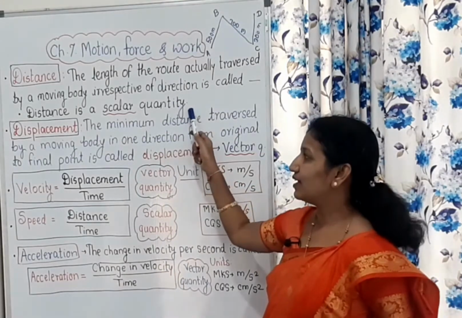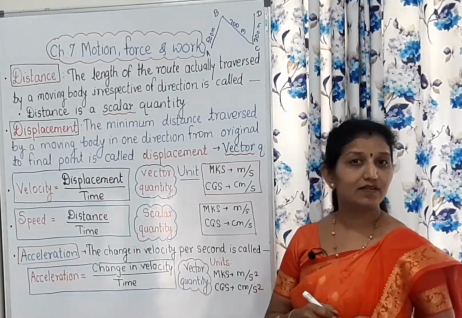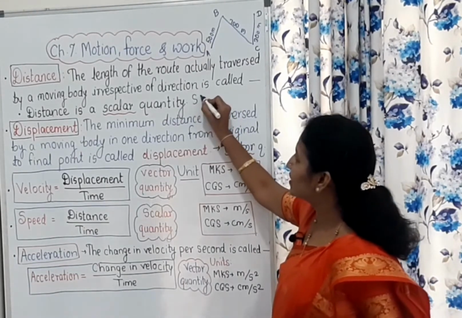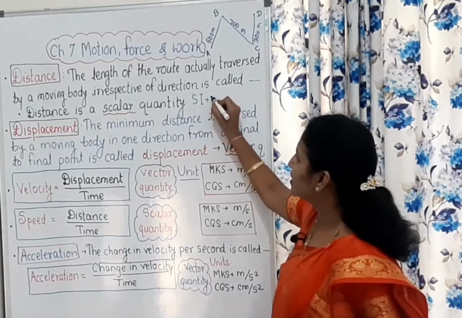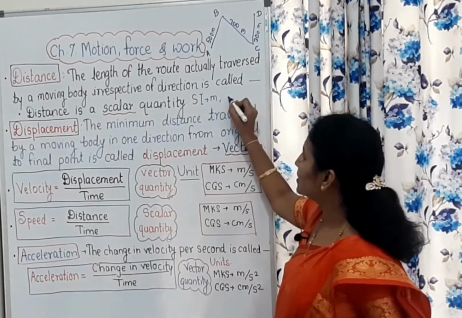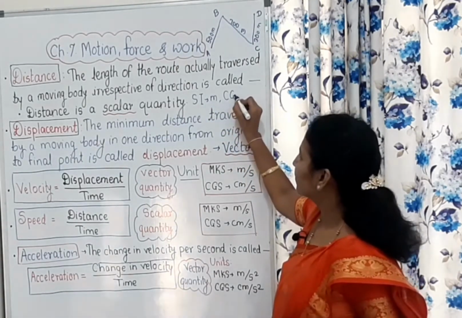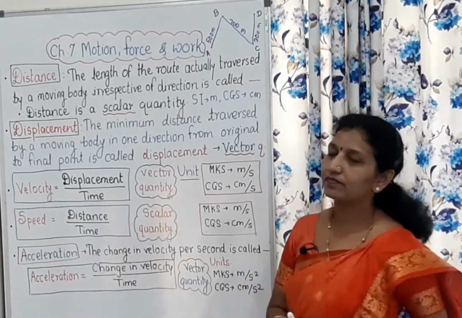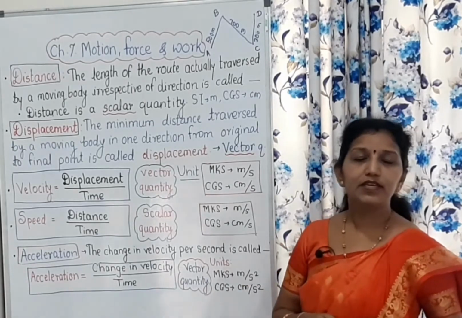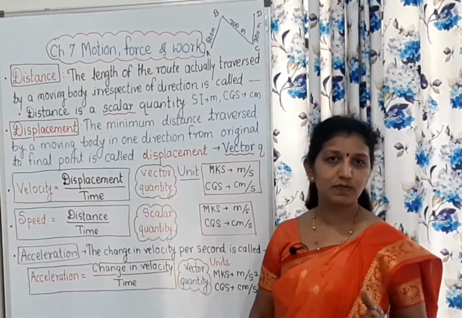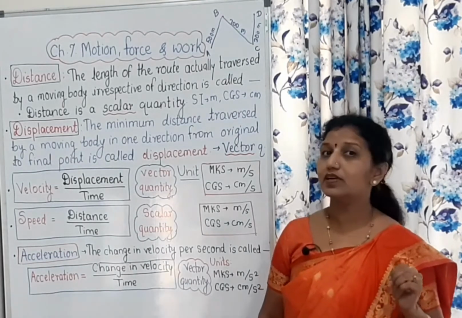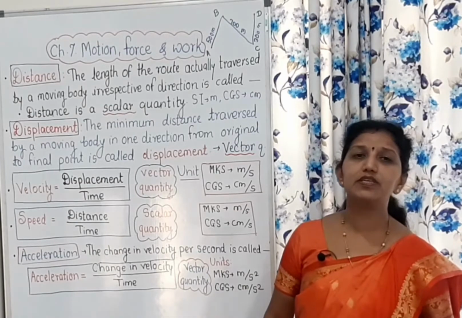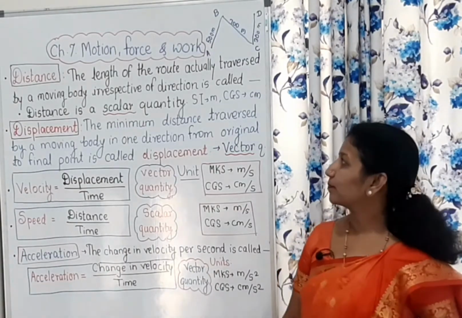The unit of distance in the SI or MKS system is meter, and in the CGS system it is centimeter. The unit of distance as well as displacement is the same in both systems. It can be expressed in kilometers or millimeters also.